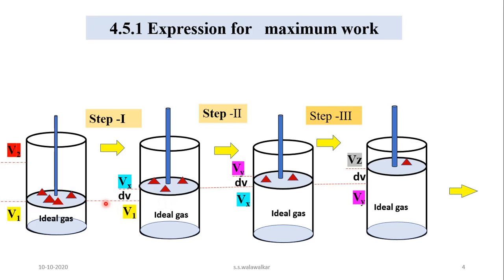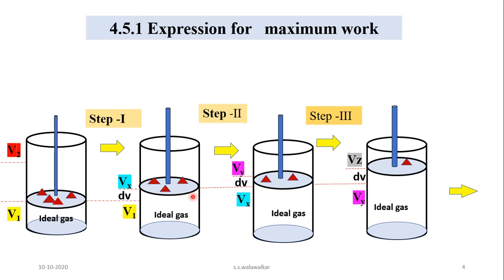At every stage equilibrium is attained, because the change in the opposing forces, that is the pressure of the gas and the pressure outside the gas, is very, very small. So at every step mechanical equilibrium is attained with the surroundings.